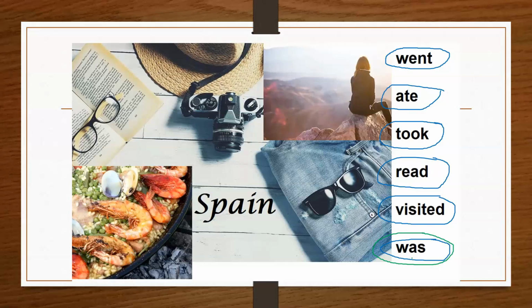Steve, tell me something about my past holiday. You read lots of books. Fantastic. Tricia, tell me something about my past holiday. Visited lots of sites. Wonderful. And Beverly, something else about my past holiday. Ate lots of paella. Well done. It was delicious.